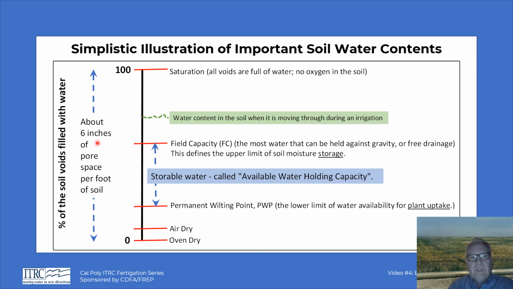Now, if you look at this right here, it says about 6 inches of pore space are available per foot of soil. What does that mean? That means if you took an undisturbed sample of soil and you were somehow able to, and we have ways to do this, figure out what percent by volume is solids, you'd find that about 50% of the volume is solids and the rest is pore space.